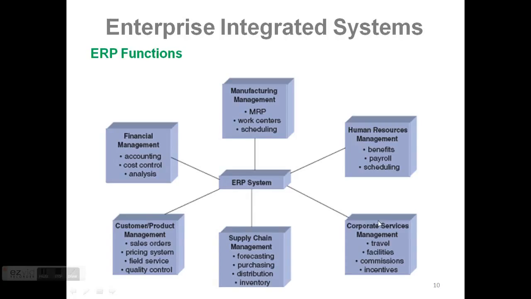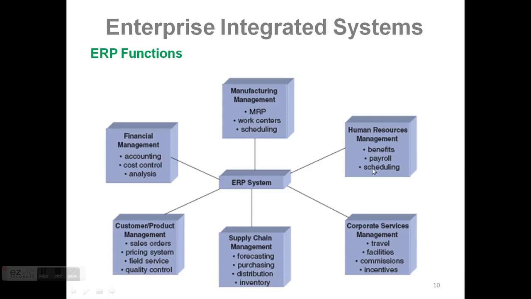So ERP system enables the organization, all of organization, to use all the functionalities provided by separate entities throughout the organization. For example, say human resource management has payroll and scheduling and benefits.